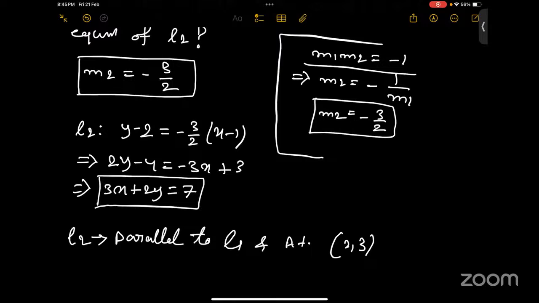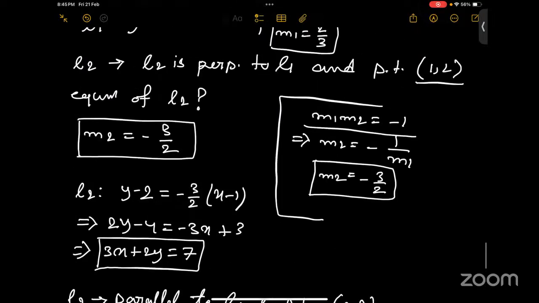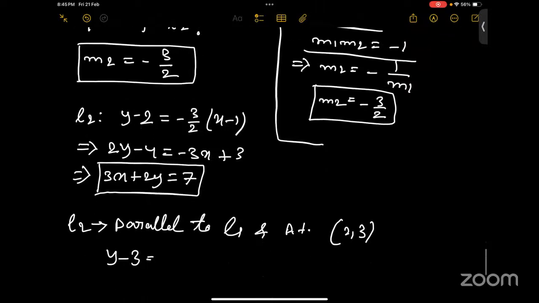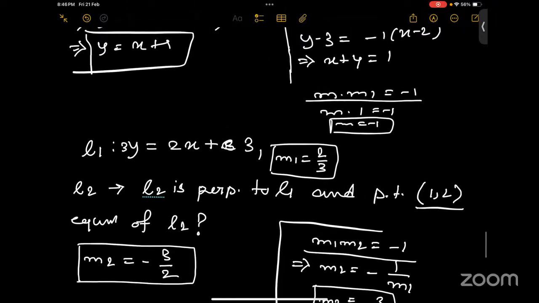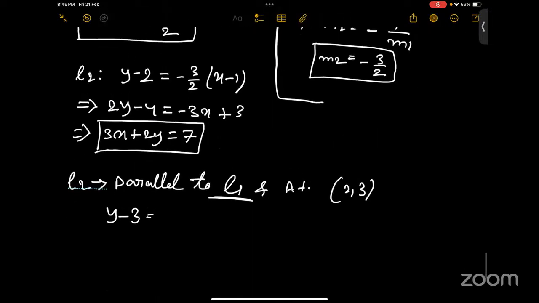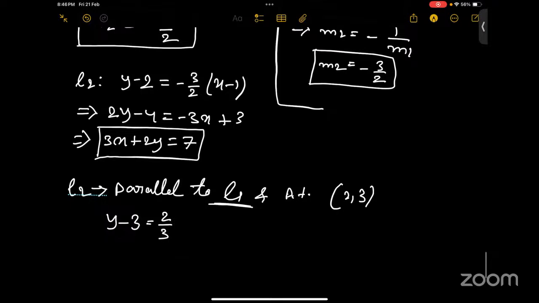Y minus 3. Think about it. The slope must be the same, right? What is the slope of L1? 2 by 3. So it will be y minus 3 equals 2 by 3 into x minus 2, right? Then we can simplify.